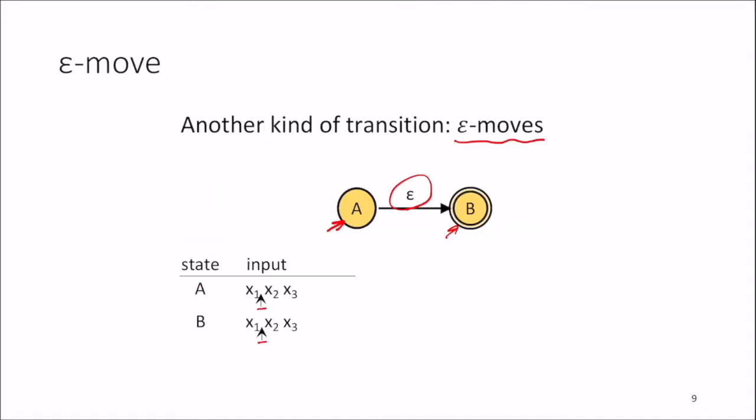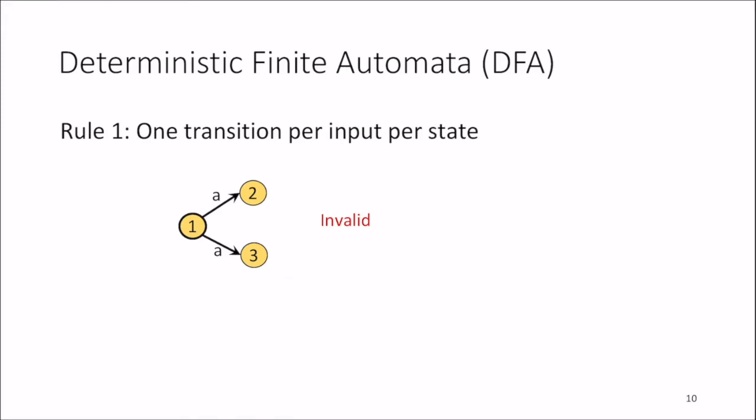Based on this notion, a deterministic finite state automaton can be defined using two rules. Rule number 1 is that there's only one transition per input per state. If I'm at state 1 and I take a transition on A, I shouldn't have two edges on the same input symbol. That's considered invalid in a deterministic finite state automaton.